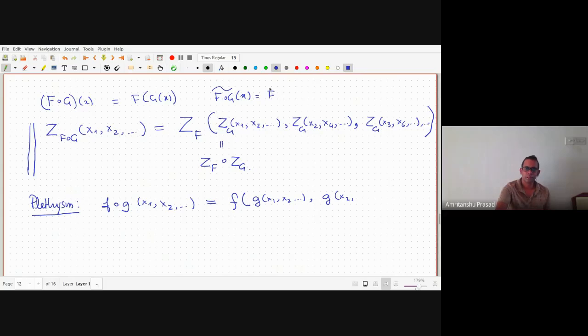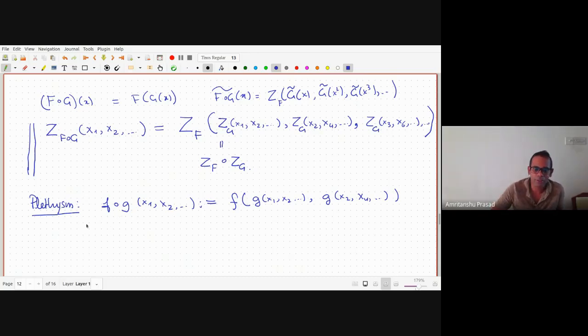This will turn out to be Z_F of G tilde of x, G tilde of x squared, G tilde of x cubed, and so on. You can't simplify it much more. Independent of whether these are generating functions or something else, we want to understand this kind of symbolism. So there's this operation called circle, which is called plethystic substitution.